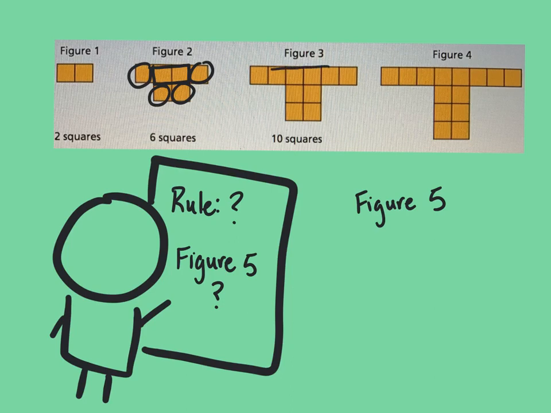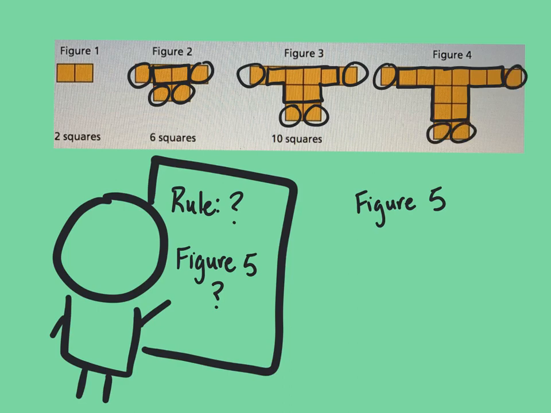So then I had this piece, and I added on 2 to the top and 2 to the bottom again. And then I had this piece, and I added on the squares at the top and at the bottom. All right, so I'm seeing a pattern that it looks like I'm adding 4 squares each time.